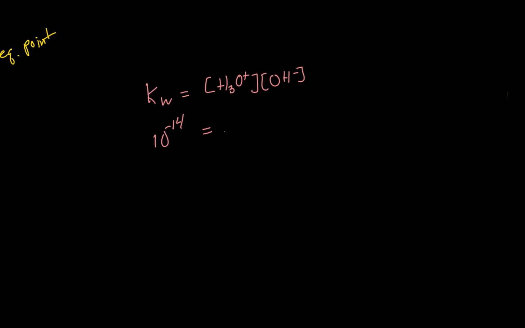And we don't know what either of these are, so this is just going to be x squared. And so that means that the square root of 10 to the negative 14 is equal to x, which means that x is equal to 10 to the negative 14 to the exponent 1 over 2. And by rules of exponents, we multiply the exponents, which means that x is going to be equal to 10 to the negative 7.